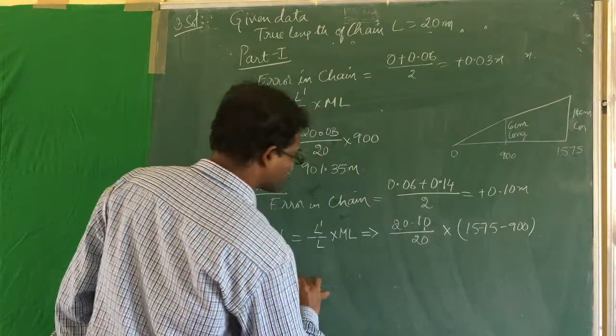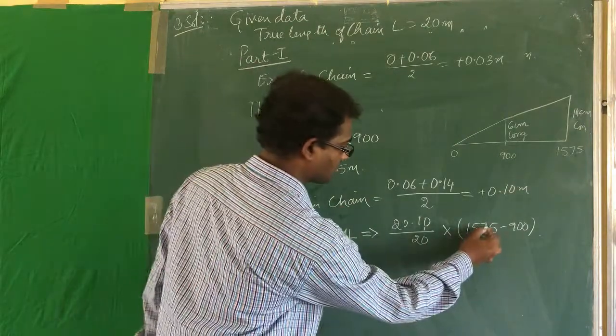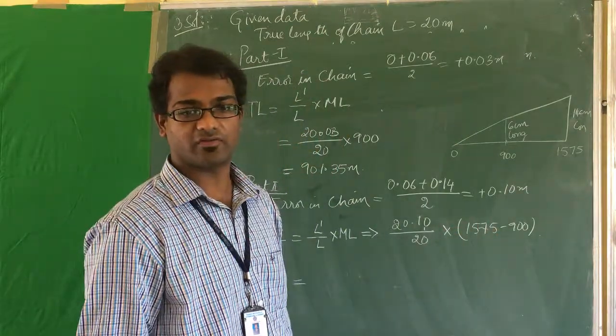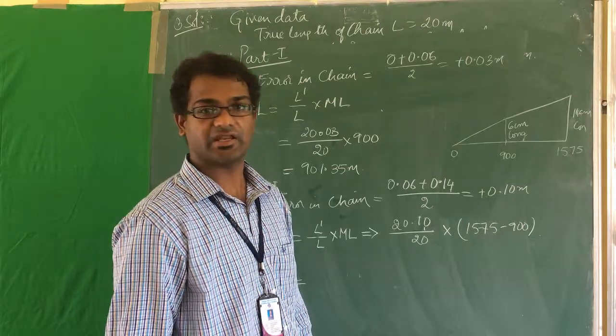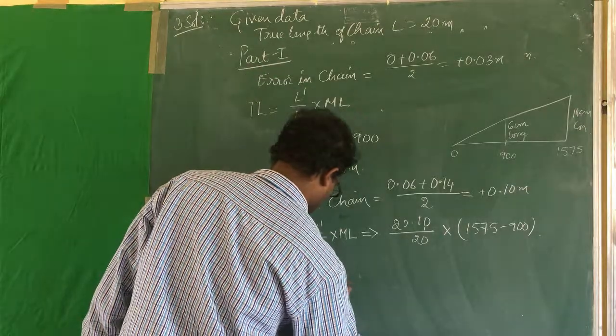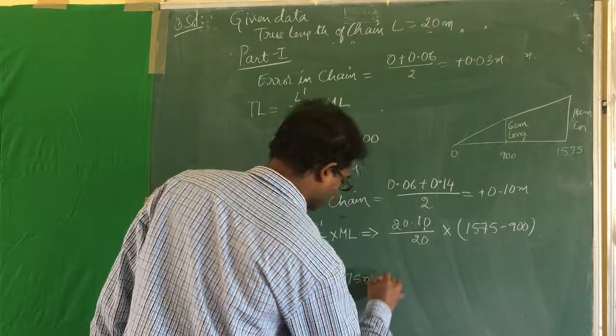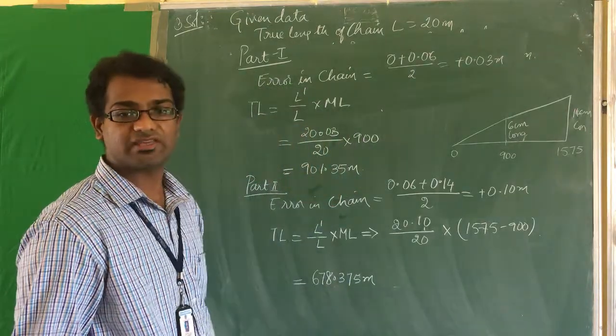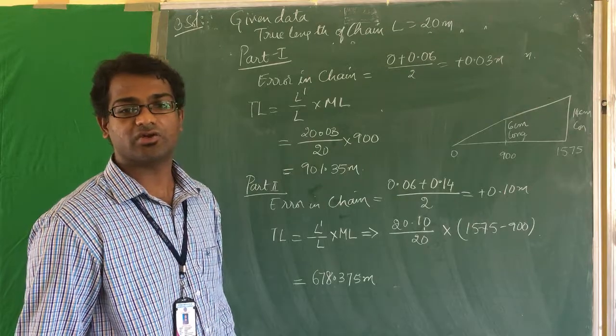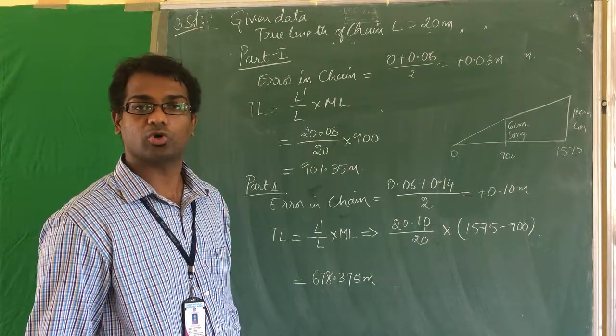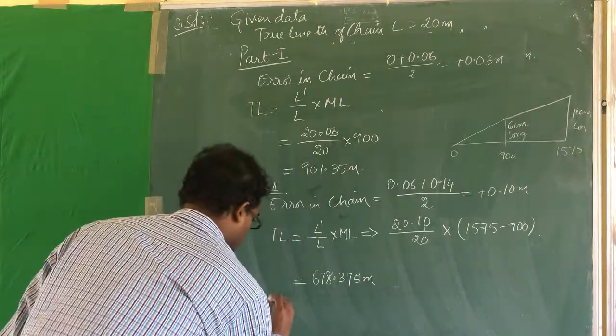If you calculate this value, you will get a value of 678.375 meters. So the question is, find out the true total distance of the line.